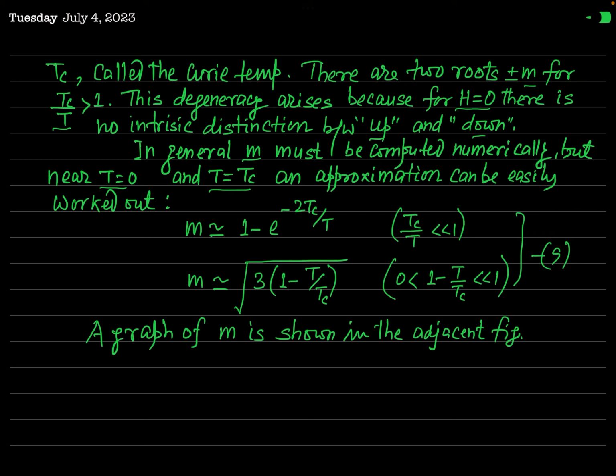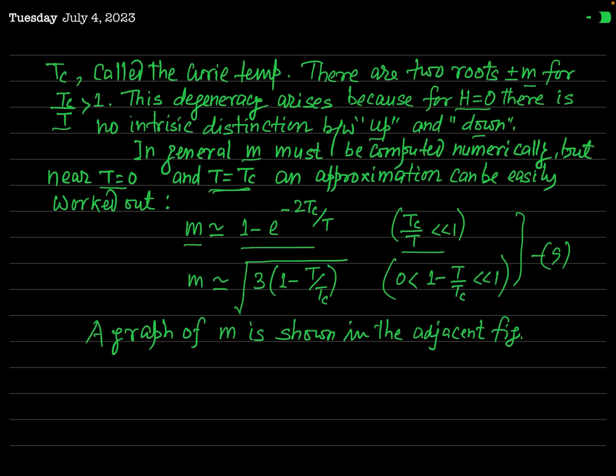Actually, the approximate values of m, computed numerically near T equal to 0 and T equal to Tc, are what? First one is m almost equal to 1 minus e to the power minus 2Tc by T, when Tc by T is much greater than 1.